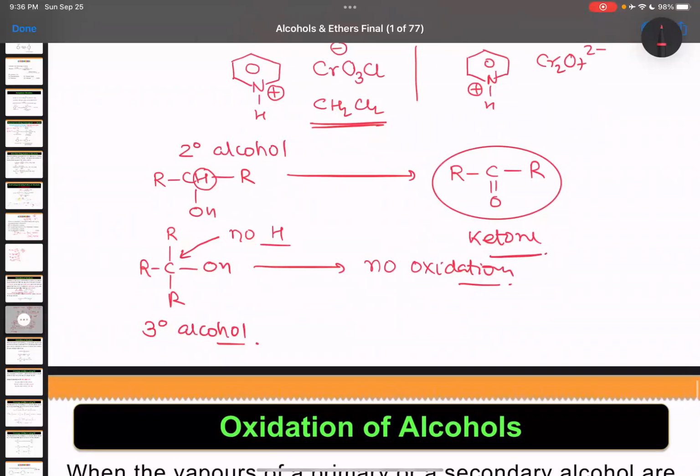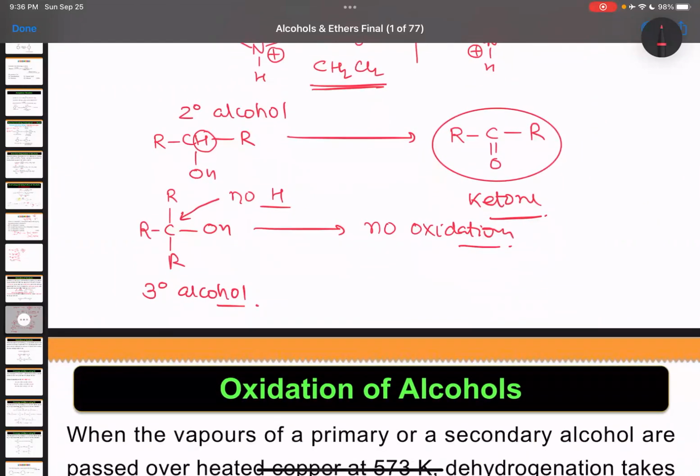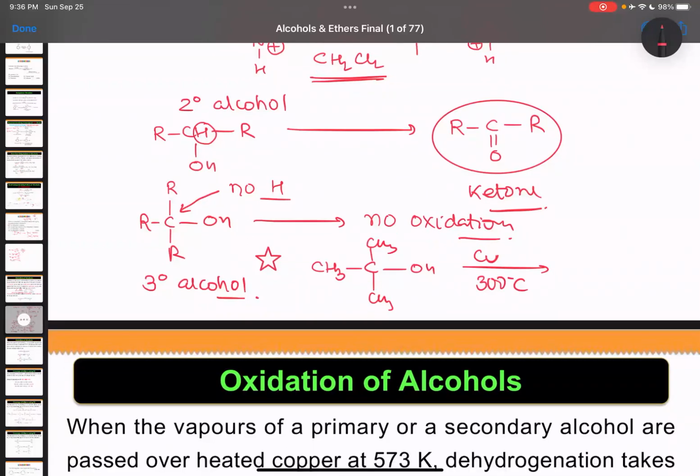However, you should be careful if you take copper red hot tube, just note it down. Very, very important, very basic. If you take copper red hot tube, Cu at 300 degrees Celsius, there is no oxidation, there is a dehydration which occurs because of the high temperature.